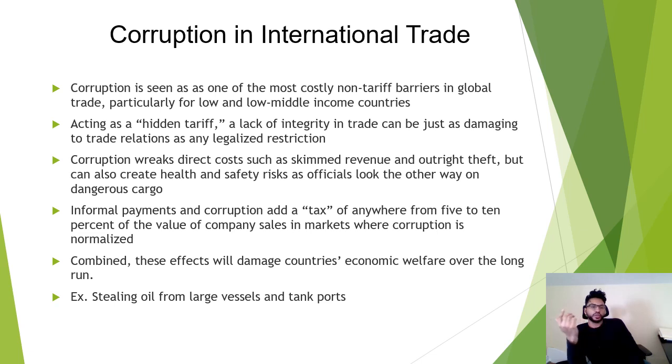Corruption wreaks direct costs such as skimmed revenue and outright theft, but can also create health and safety risks as officials look the other way on dangerous cargo. Informal payments and corruption add a tax of anywhere from 5 to 10% on the value of company sales in markets where corruption is normalized. Combined, these effects will damage countries' economic welfare over the long run.